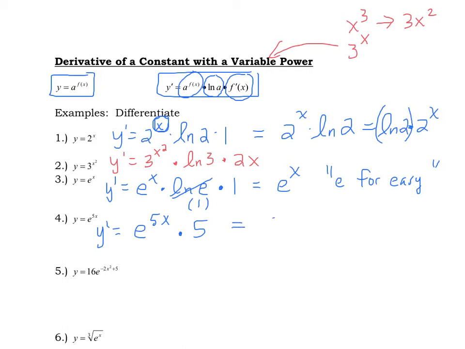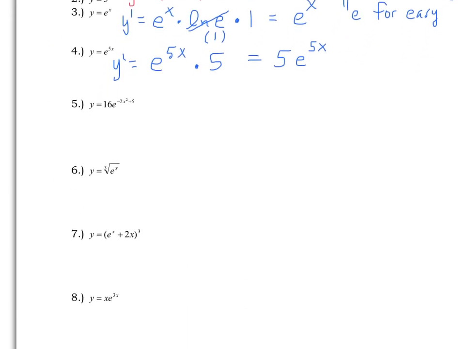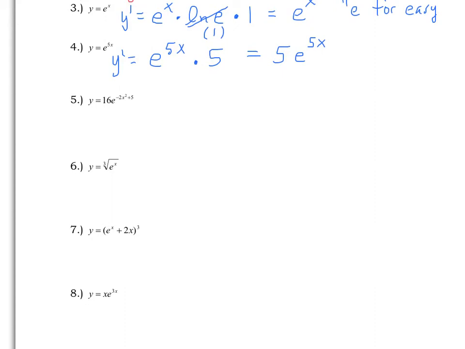So when we express our final answer, we're going to throw that 5 in front and then times e to the 5x. So if you skip ahead to all of our examples here, if you glance at them, notice that they all have an e in it. I mentioned that is the most popular type of function where you have a constant raised up to a variable power.